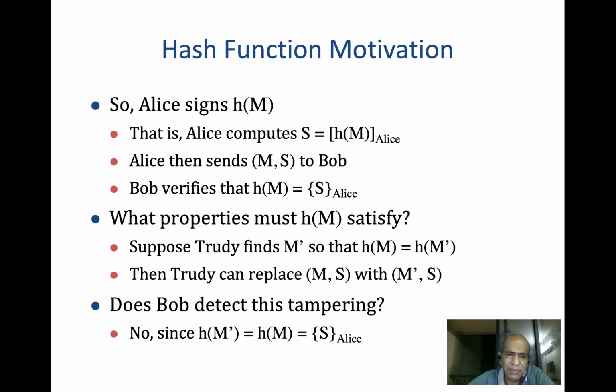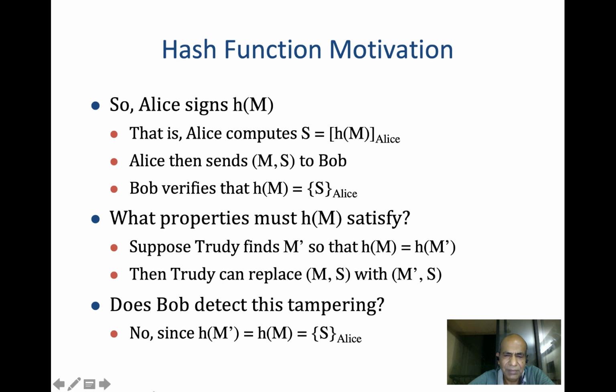Can Bob detect this tampering? No, because H of M dash is equal to H of M, which is equivalent to the public key decrypted value of S. It means that when Bob receives message M dash and S from Trudy, he applies the public key of Alice and gets a value, and it matches H of M, which is equivalent to H of M dash.